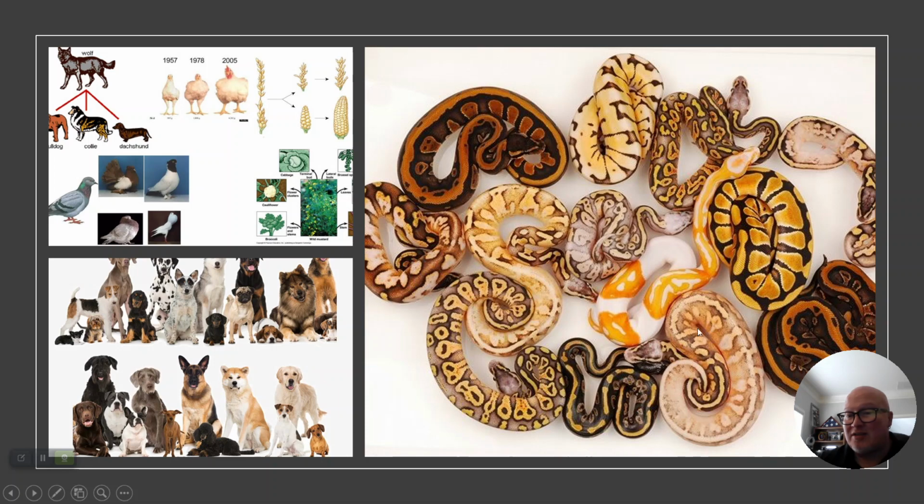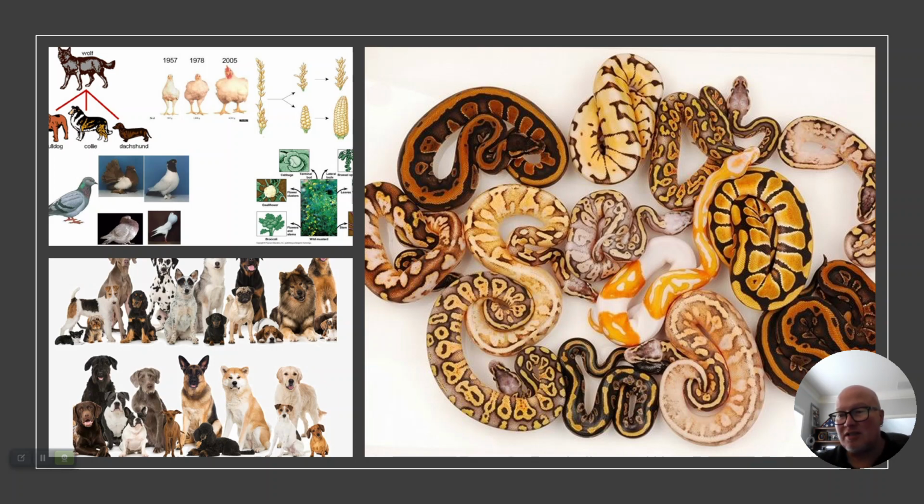I breed snakes. All of these ball pythons, none of them you would find necessarily in the wild because most of them would stick out, and so that would not be a trait that is advantageous in the wild, but in captivity and in the market, these traits are advantageous because people like them.